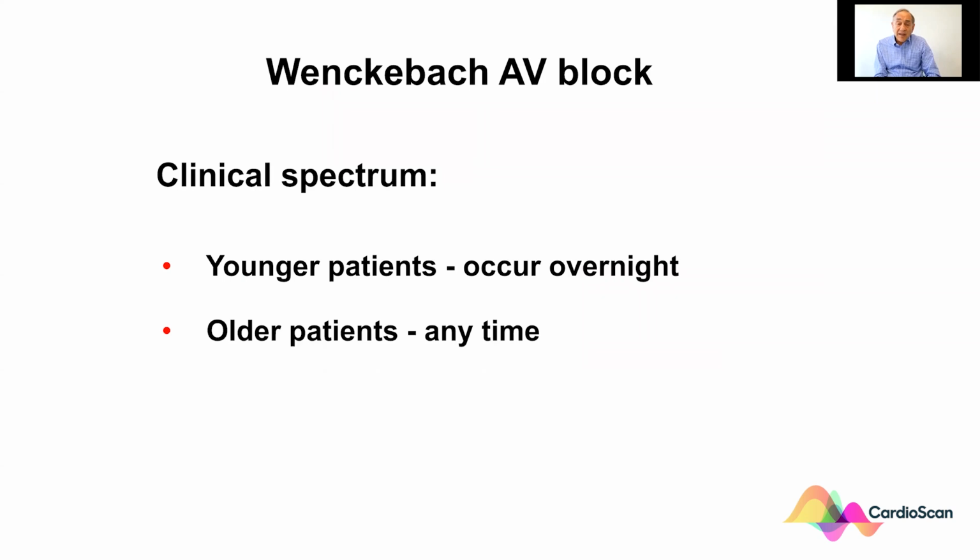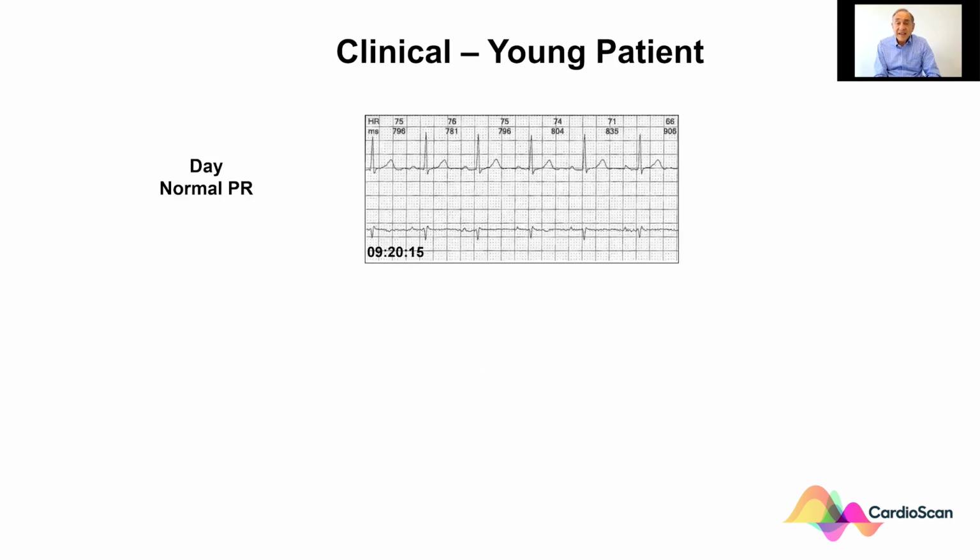Wenckebach AV block can occur in younger patients, is a physiologic phenomenon and generally occurs overnight. In older patients, it can occur at any time. Here we have the ECG of a young patient during the day, and there is a normal PR interval.